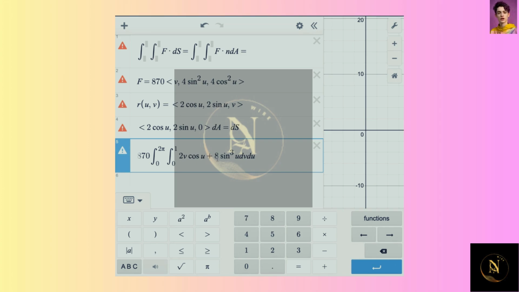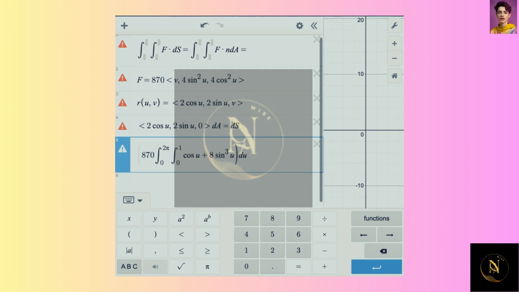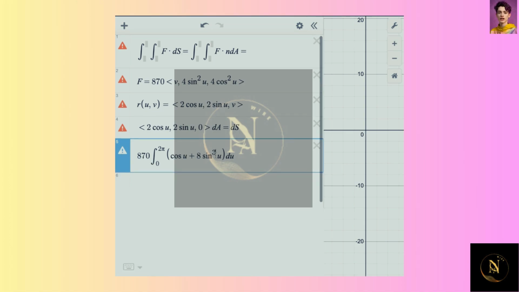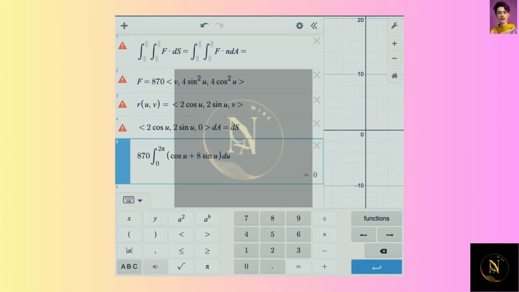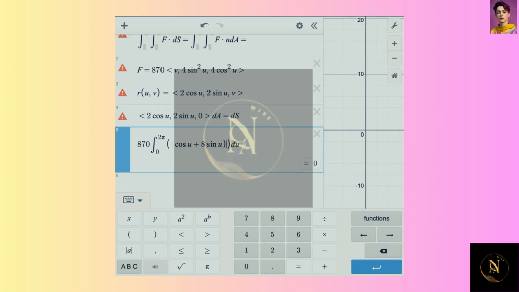Then evaluating this first integral, we end up getting the rate of outflow. So this all will become the integral of cosine u plus 8 sine cubed u du, and to make this more clear, this will be sine u cubed.